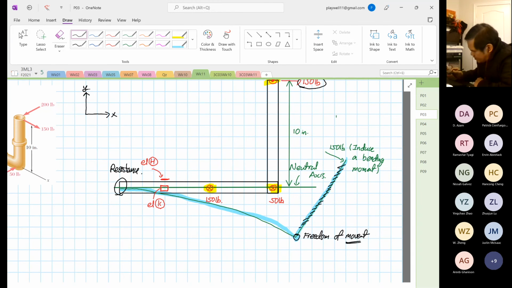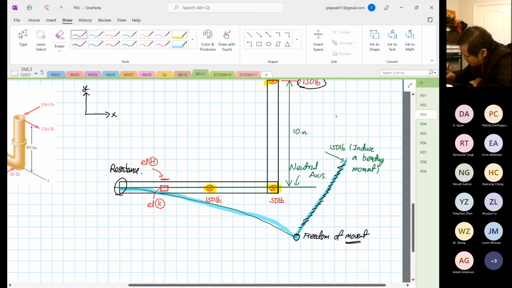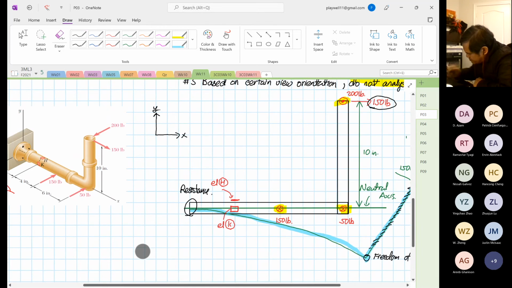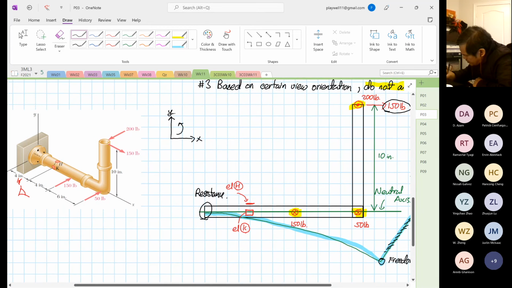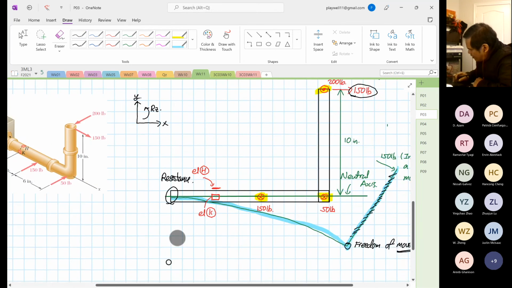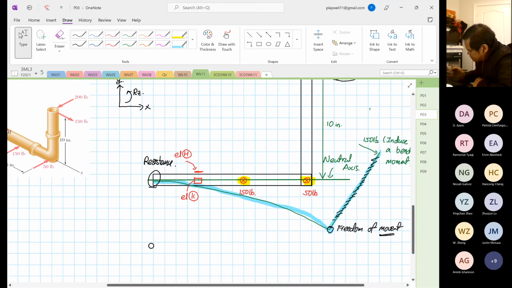So if that is our rotation in Z, we know that our moment is in the Z direction.